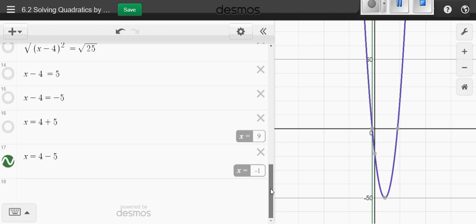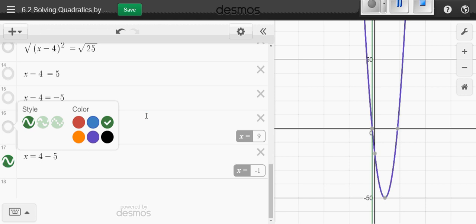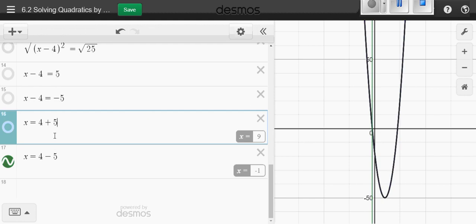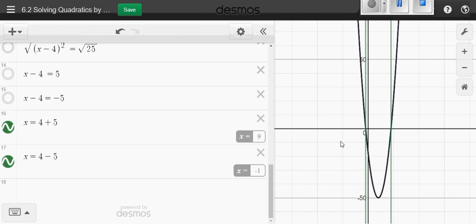Finally, here's a green line. I can switch it to green, and 2, so that you see 2 green lines crossing the black. Okay, saving that.